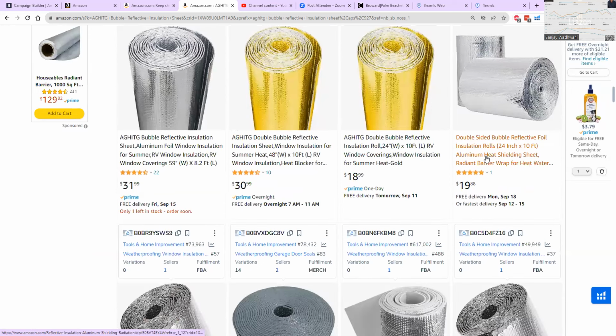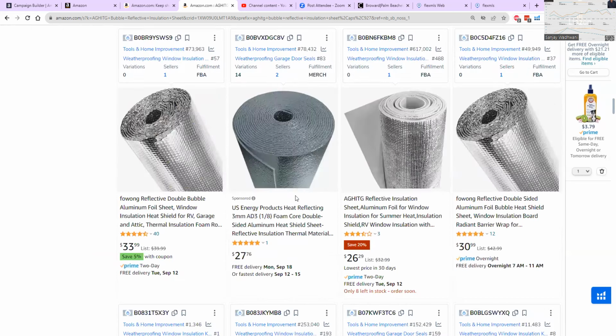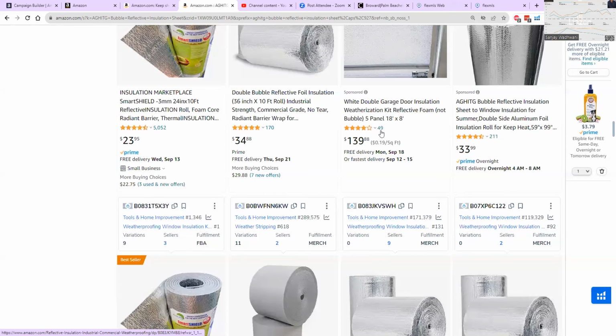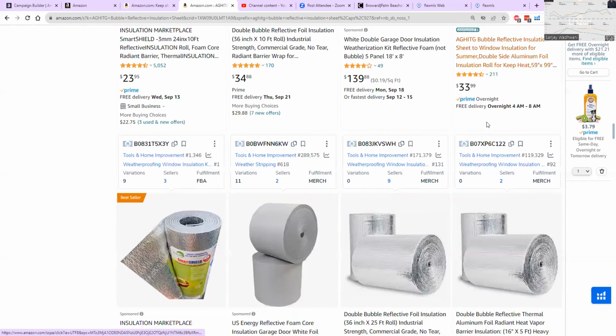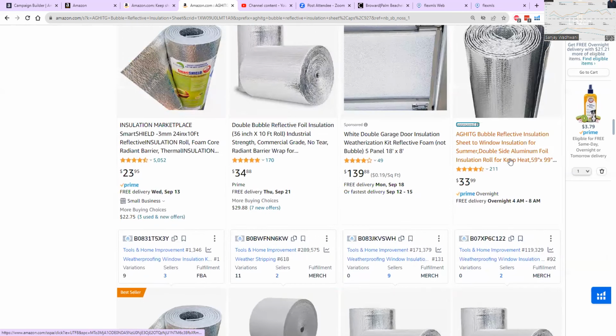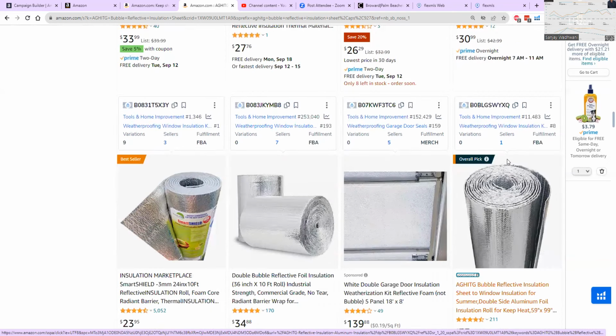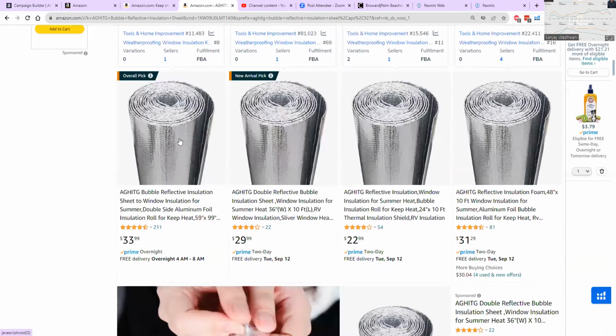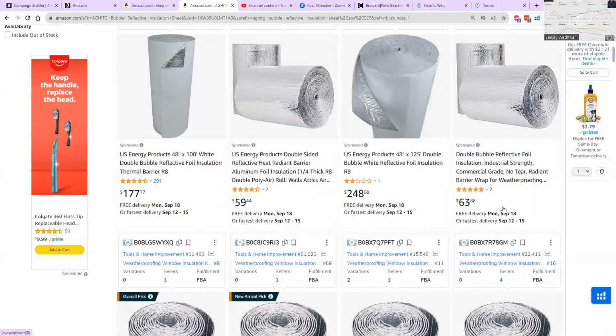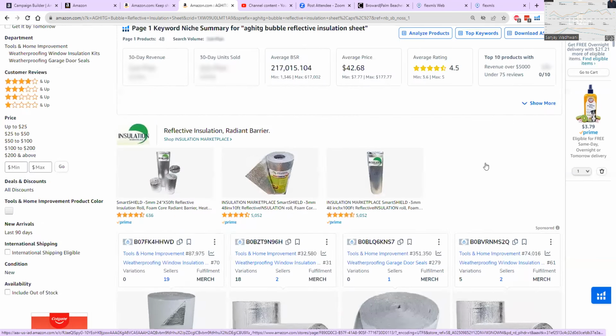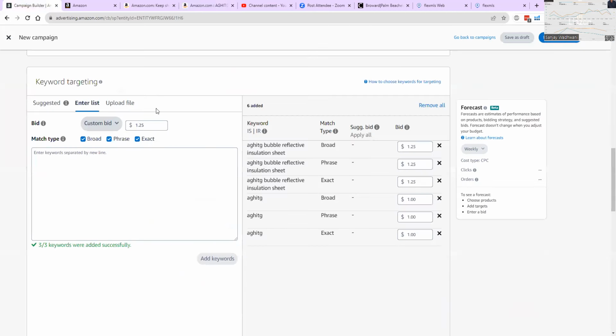Probably 1, 4, 5. I'm actually looking at the sponsored 6. He's on the 7th position. Means whatever bidding he's doing, they need to increase their bids to show for their brand name on the first page, and in fact go after all of them. You can bid so aggressively that you can be the player of the game.